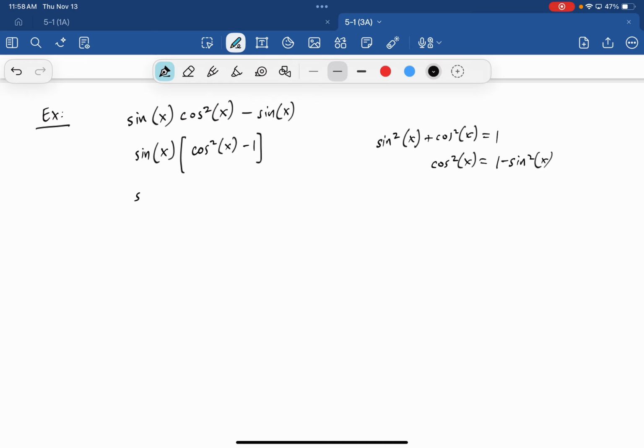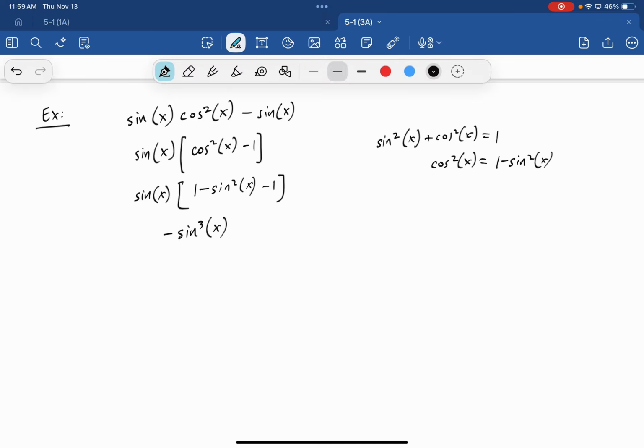So this we can simplify as sine x times 1 minus sine squared minus 1, right? Because cosine squared becomes 1 minus sine squared, and then that minus 1 follows. And so if you simplify this, the 1 and the minus 1 cancel, and we're left with negative sine cubed x. That's pretty simplified, so that's our answer.